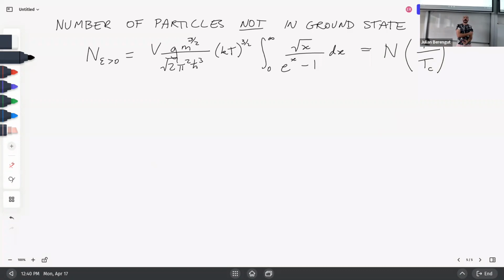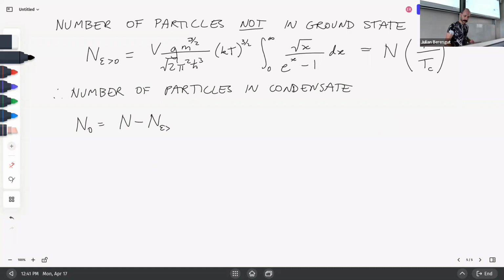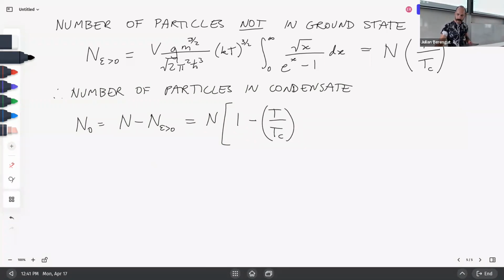So this gives me the number as a function of T. So the number of particles in the condensate, in the ground state, is just that.